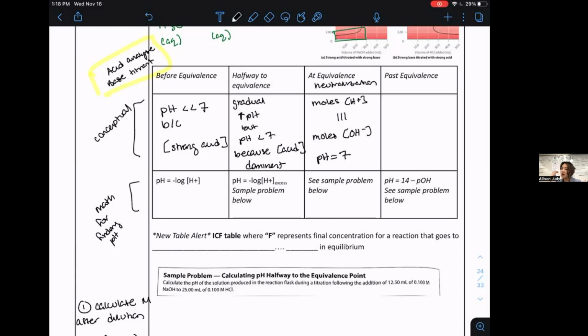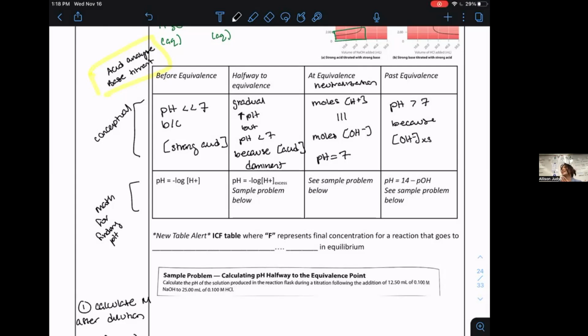Okay. So, and then we can actually calculate past equivalence. Now, past equivalence, you've neutralized all of your acid, right? So you know then past equivalence, you're going to have a pH greater than 7, because now you have excess OH minus.